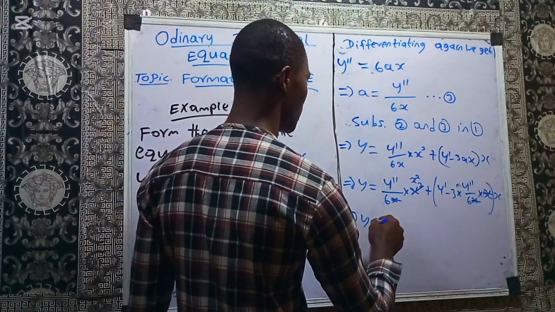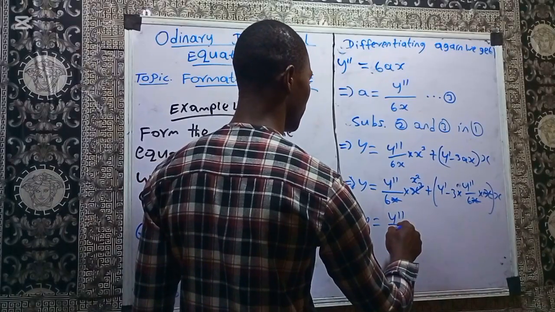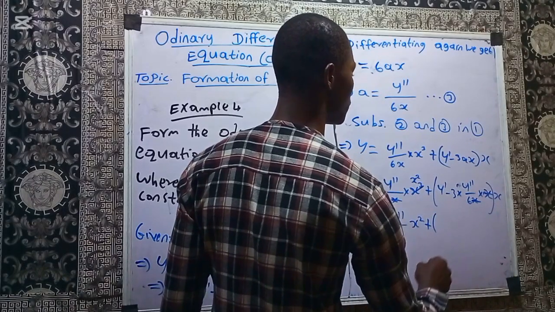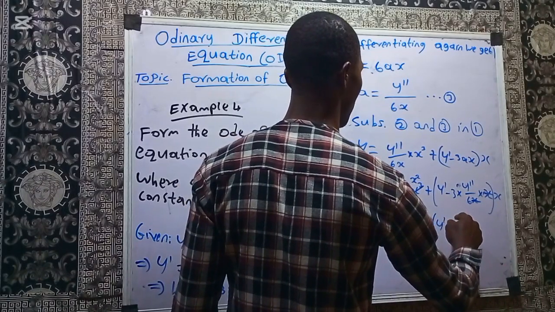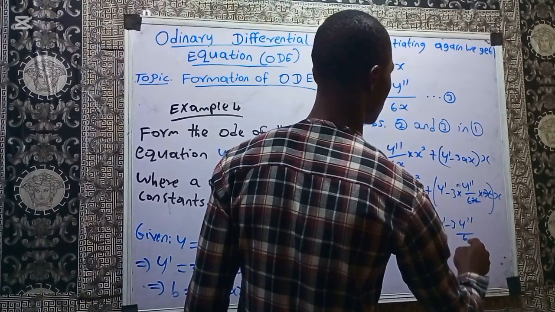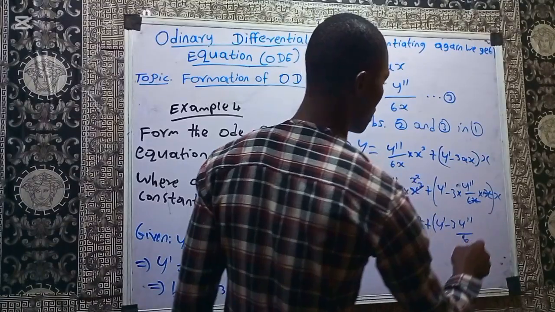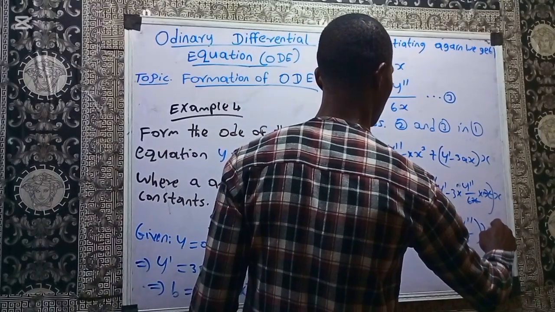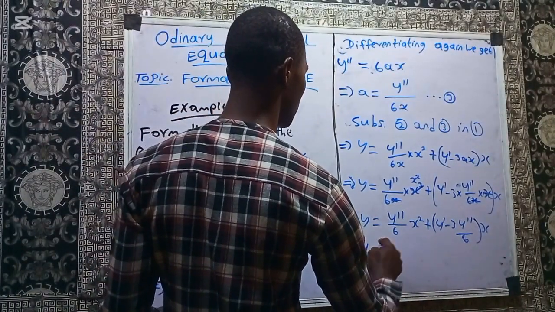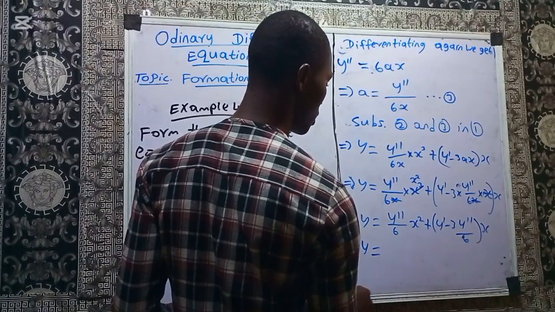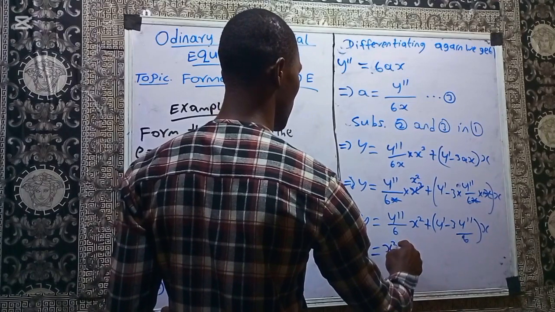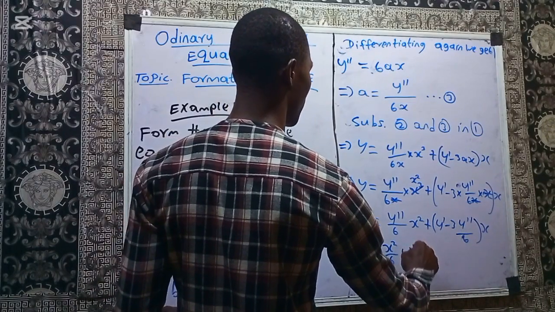So what you now have is that y is equal to y prime prime divided by 6 multiplying x squared, plus y prime minus 3 y prime prime divided by 6, then multiplying x. So this implies that y is equal to, I can write this first expression as x squared over 6 y prime prime.